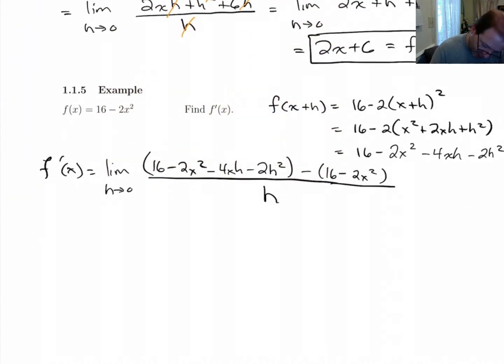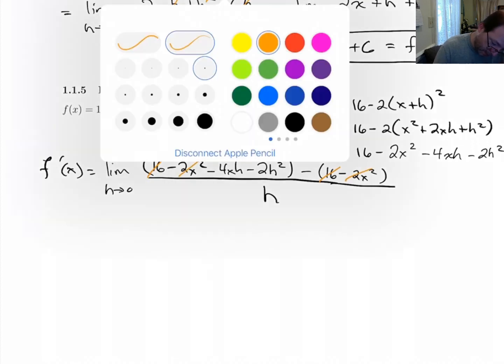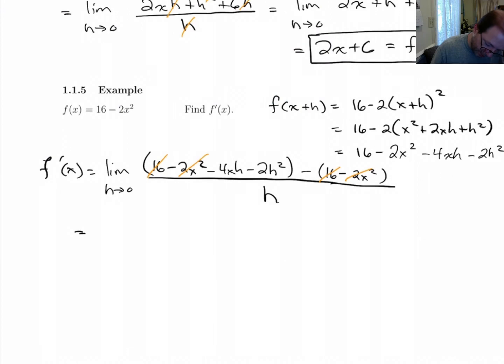I'm going to go nuts canceling things. The 16 and the minus 2x squared cancel. And we're left with the limit as h goes to 0 of minus 4xh minus 2h squared over h.